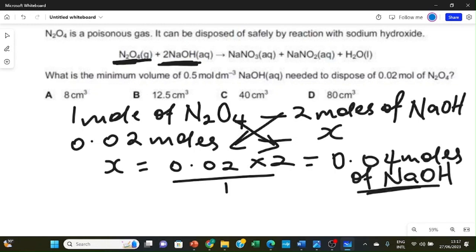We are now asked the minimum volume of 0.5 mole per dm³ sodium hydroxide needed to dispose of 0.02 mole of N2O4.